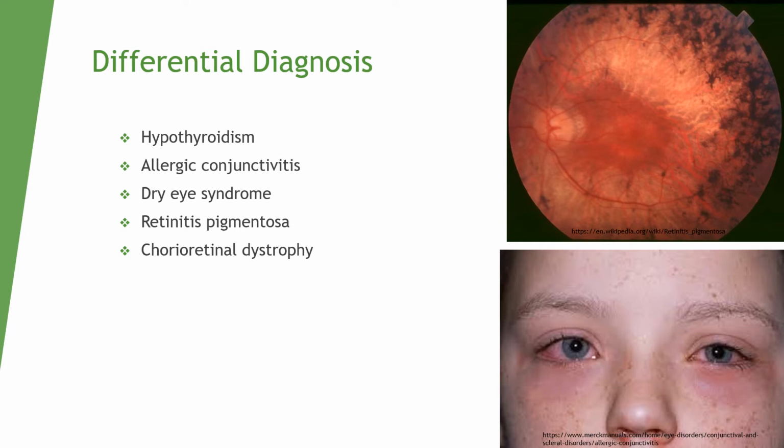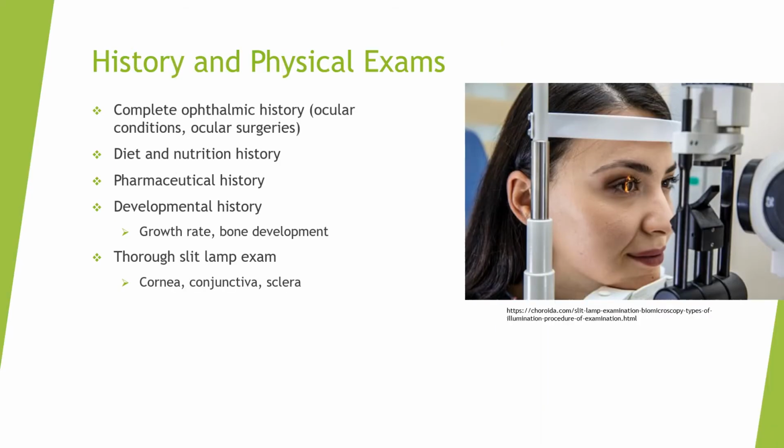Differential diagnosis of vitamin A deficiency includes hypothyroidism, allergic conjunctivitis, dry eye syndrome, retinitis pigmentosa, and chorioretinal dystrophy. So do a complete and thorough ophthalmic history, asking for any ocular conditions and surgeries the patient may have gone through in the past.